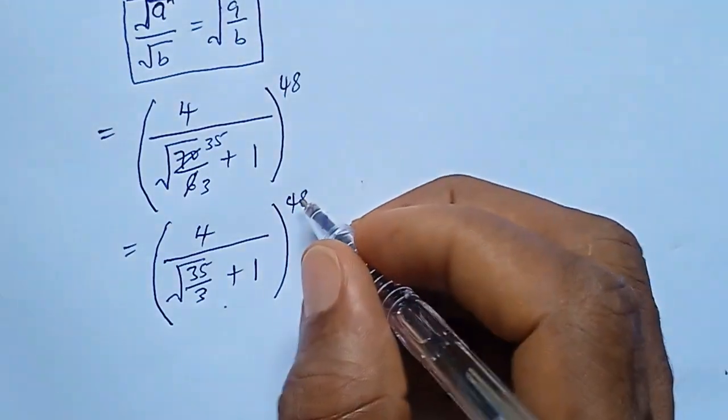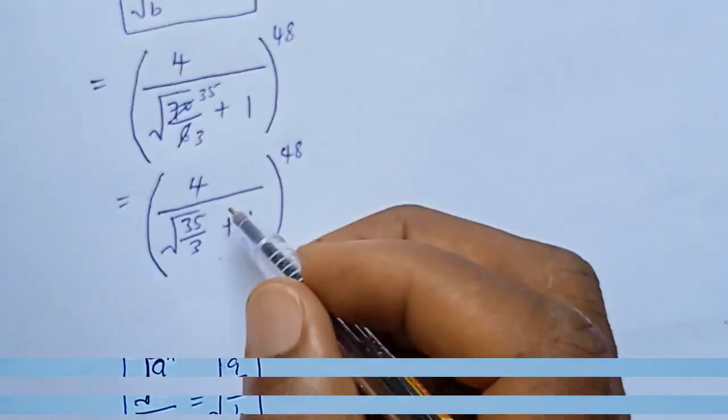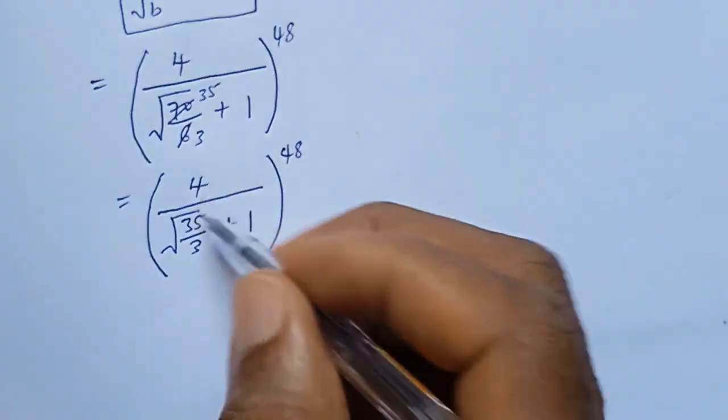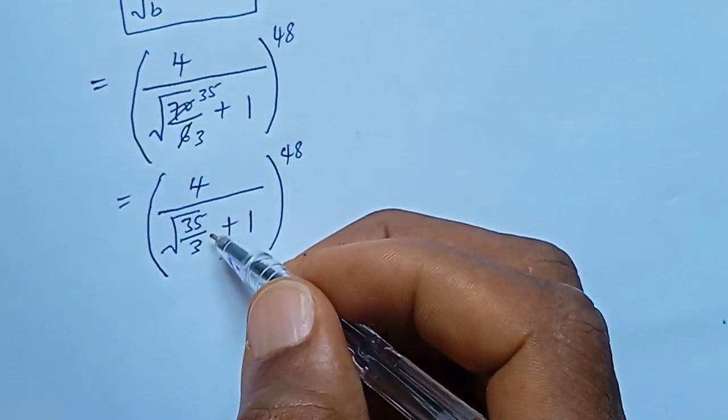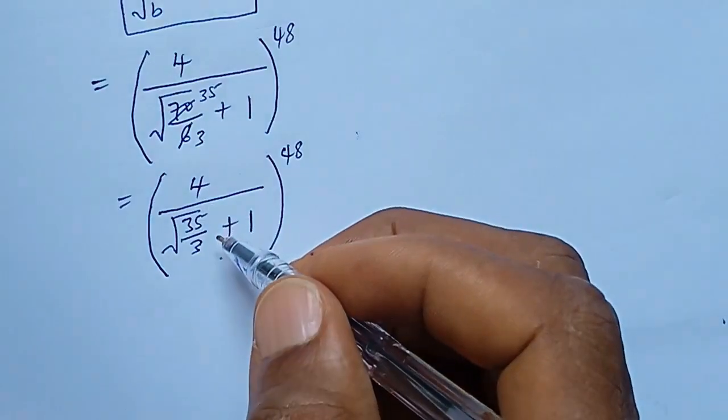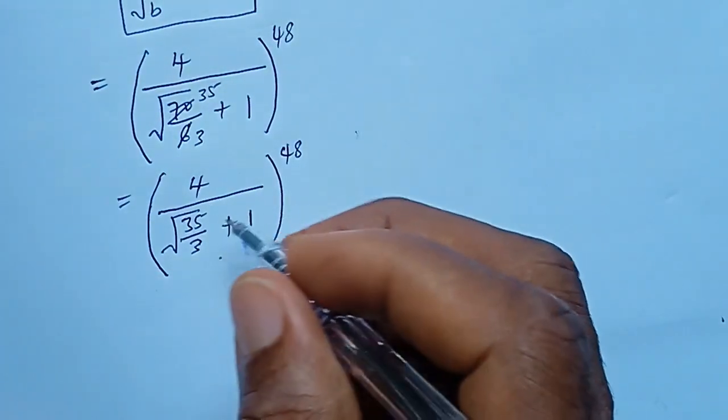The next thing now is to simplify the expression in the bracket by multiplying it with the conjugate of the denominator.